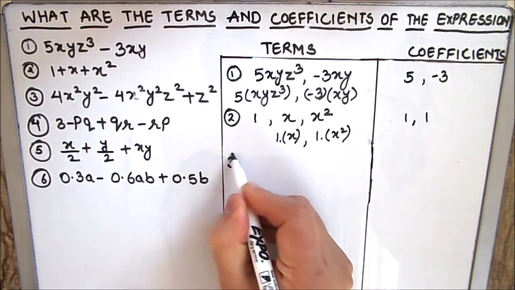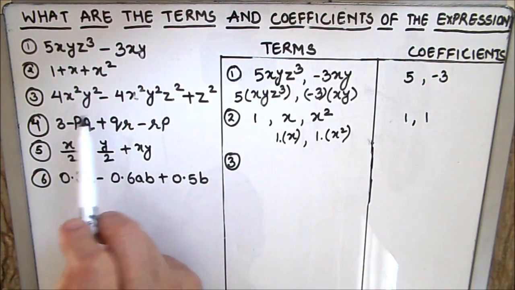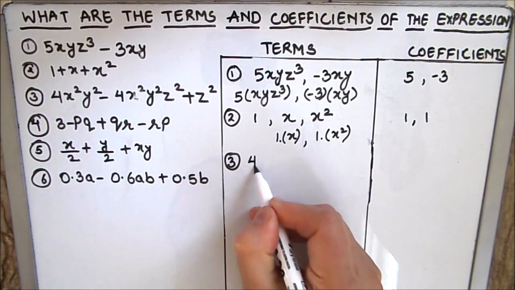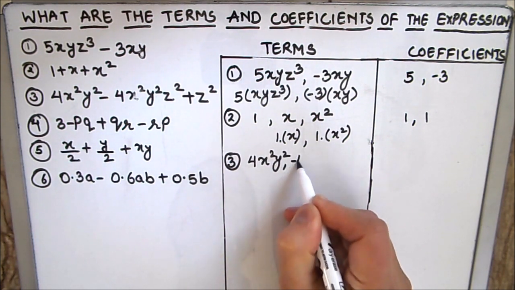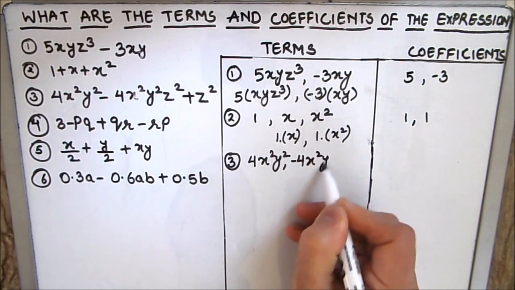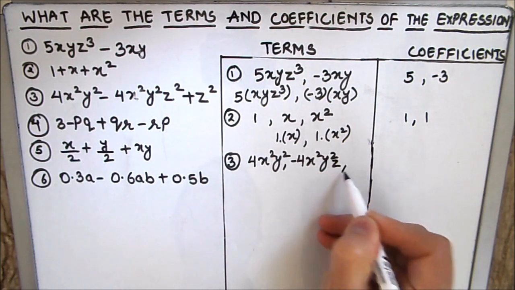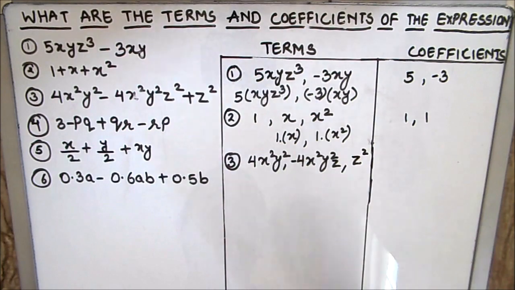Now let's take our third example. Here we have three terms: 4x square y square, the second term is minus 4x square y square z, and the third term is z square.